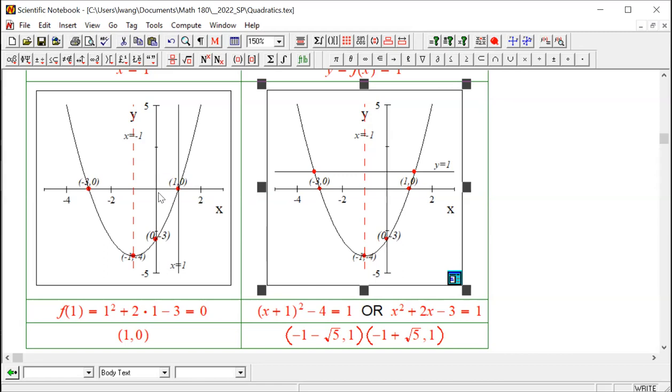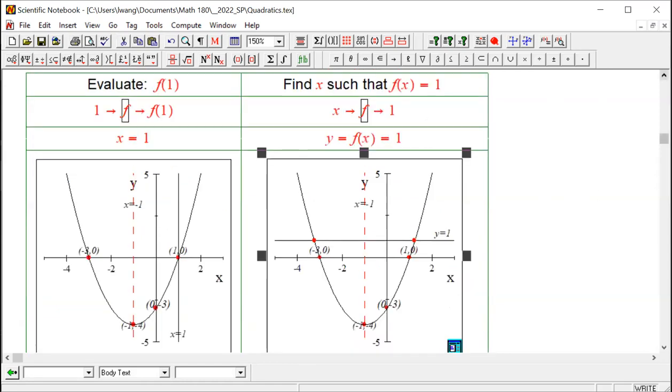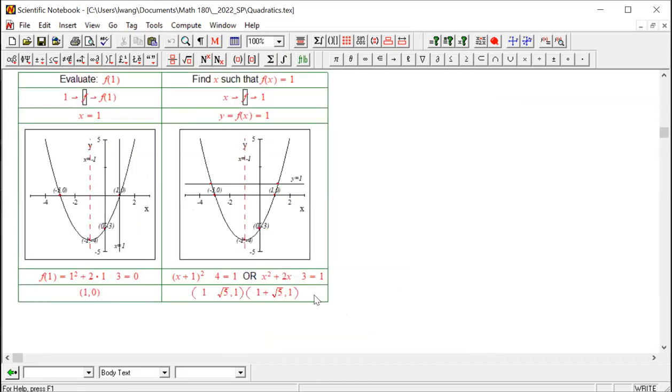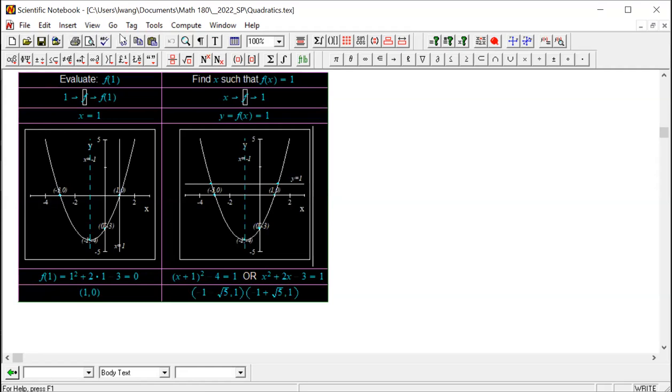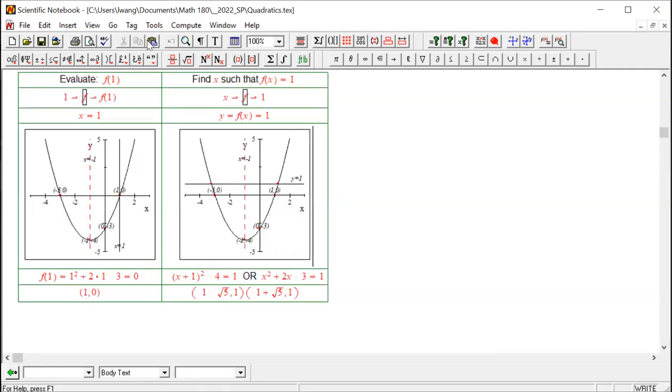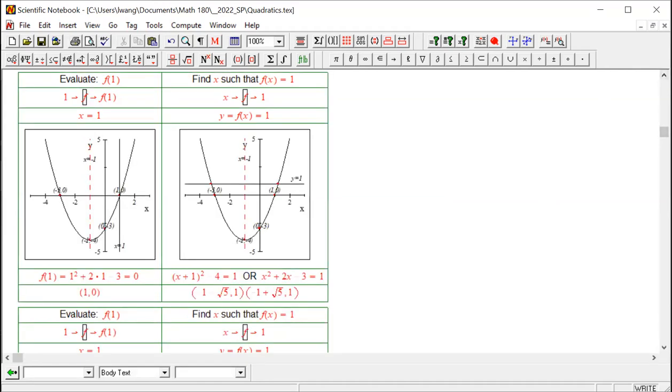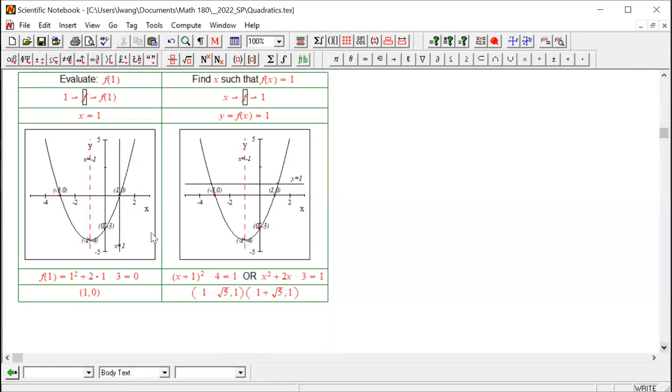So what other cuts do we have? In terms of input and output, we don't have other cuts. Next, I'd like you to practice. I'm going to change this question to a similar one so you can practice in class right now. I'm going to ask you to evaluate f of 2, and the output is 2.